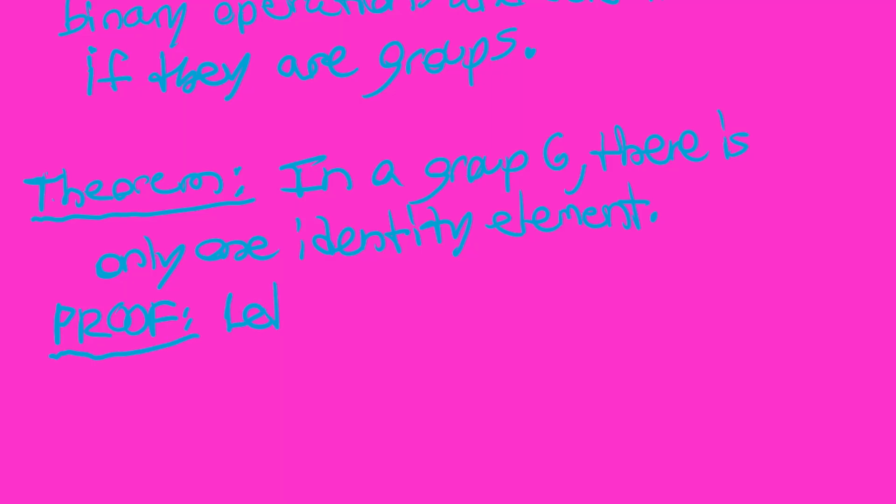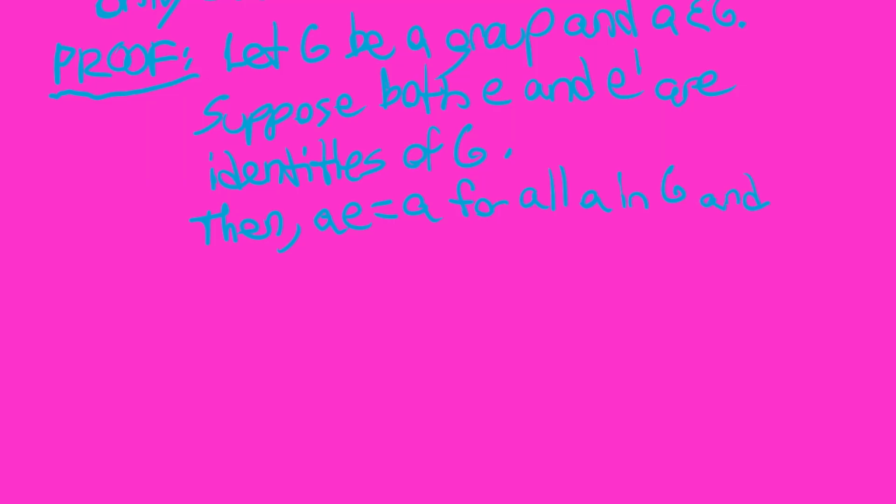So let's let G be a group and A be an element of G. So let's suppose both E and E prime are identities of G. So then we have AE equals A for all A in G, and E prime A equals A for all A in G.